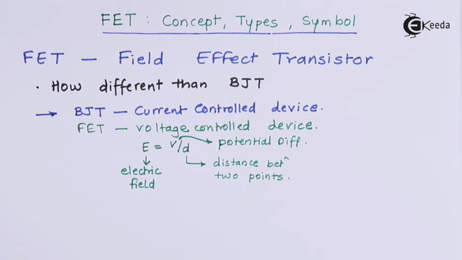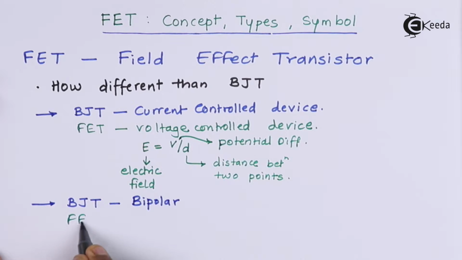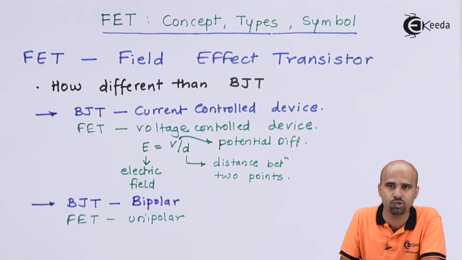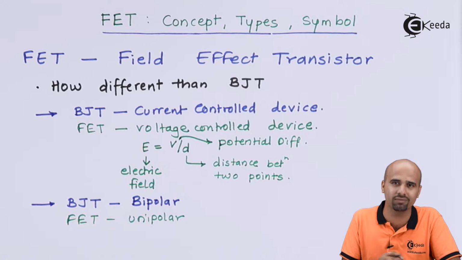Next point is that BJT is bipolar and FET is unipolar. Again one question: what is bipolar, what is unipolar? See, what does polar mean? It is having one polarity, positive or negative.